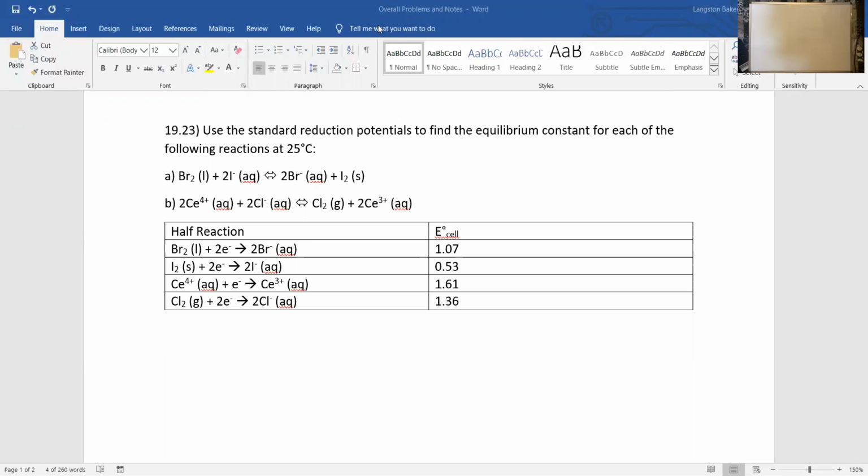Break down the gist. So for part A, we have Br2 plus 2I minus in equilibrium with 2Br minus plus I2.